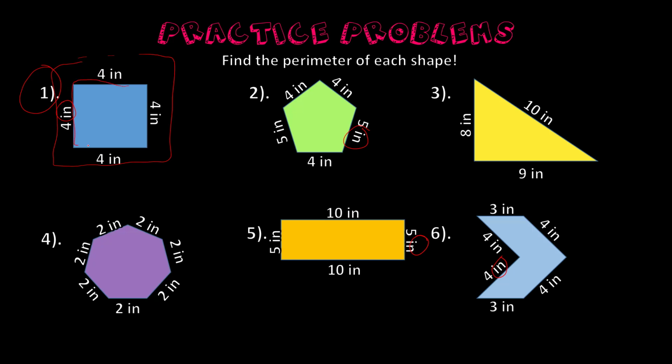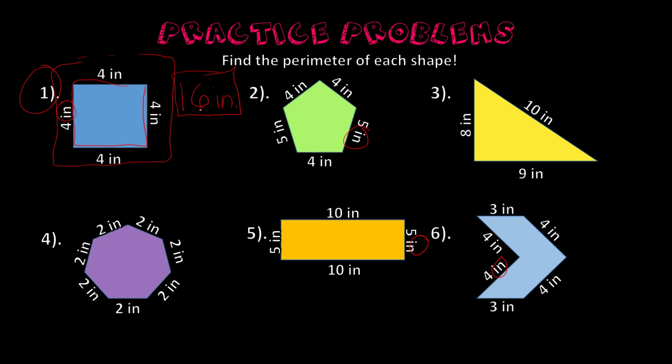We have 4 plus 4 plus 4 plus 4, or we can do 4 times 4, because I have 4 4s. And either way you do it, you're going to get 16 inches as your answer for the perimeter around the square.